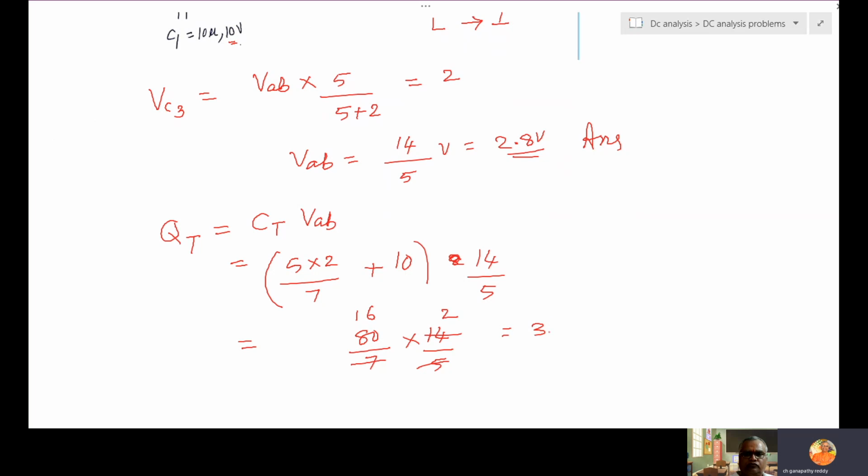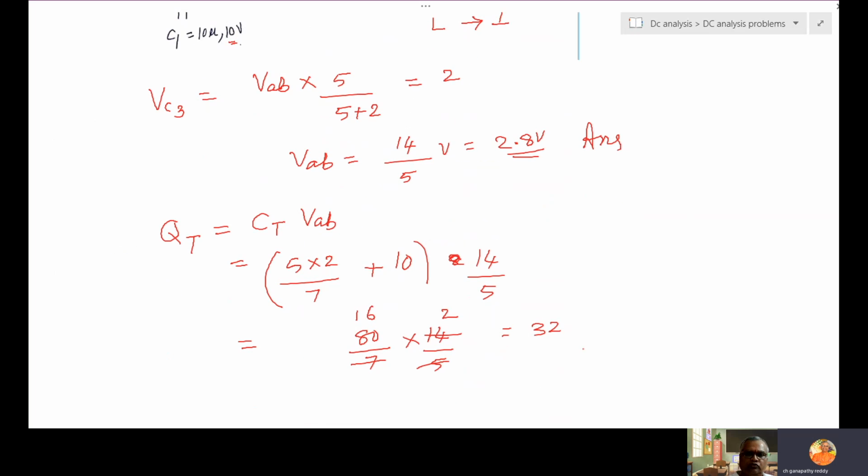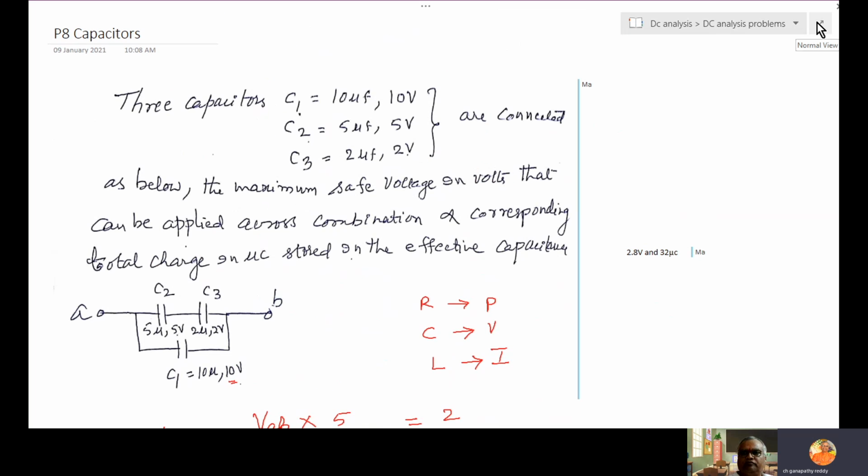So 32. 32 microcoulombs. This is the answer. So total C equivalent to simplify, VAB 14 by 5, we are getting 32 microcoulombs. So this is one problem.